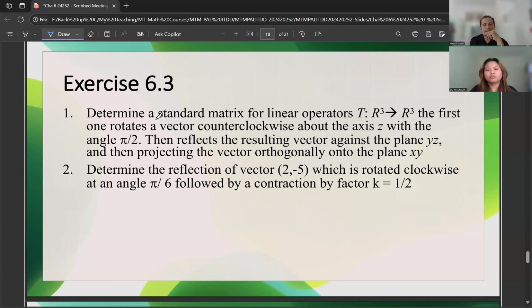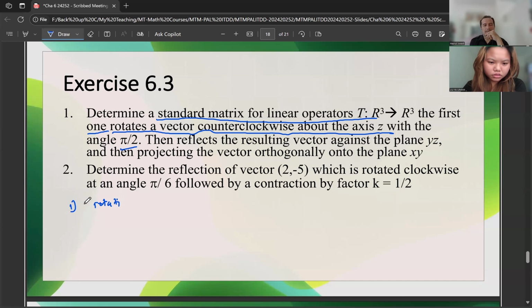Okay, these are standard matrices for linear operators. The first one rotates a vector clockwise about the z-axis with the angle of 90 degrees. So number one, we must identify the rotation.